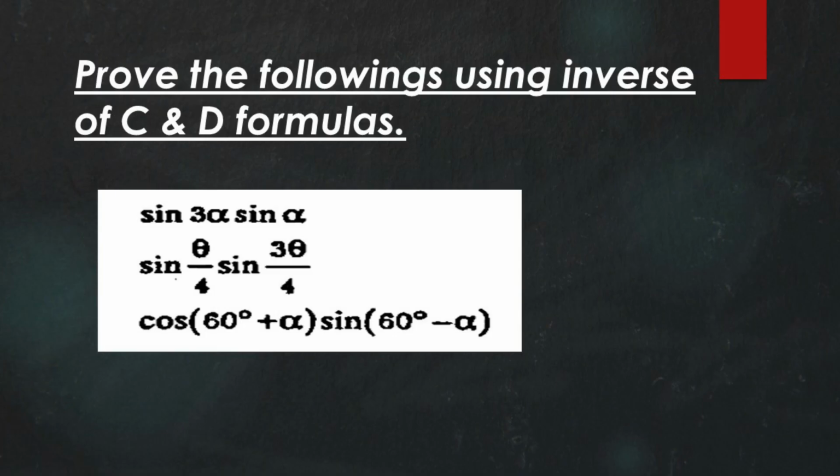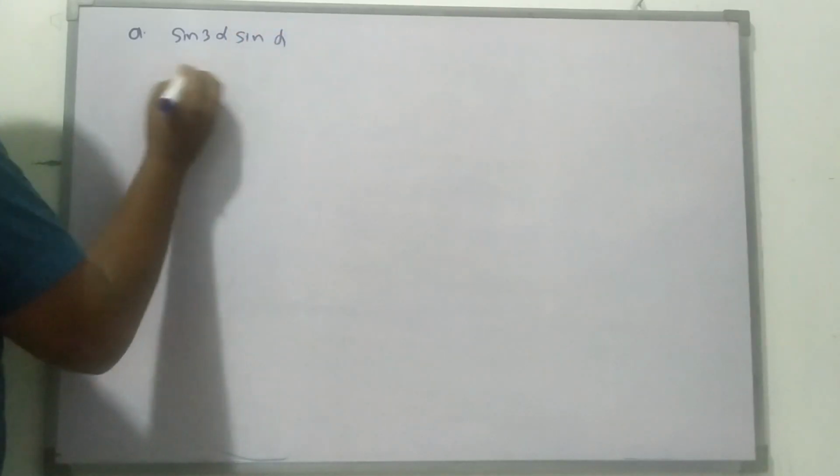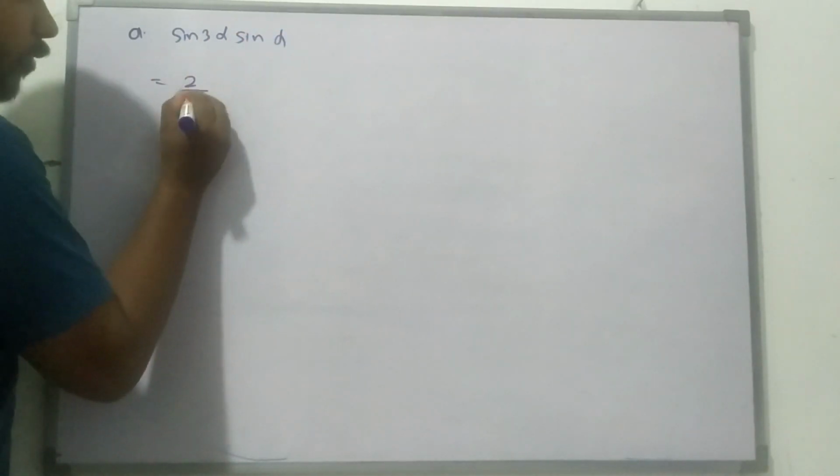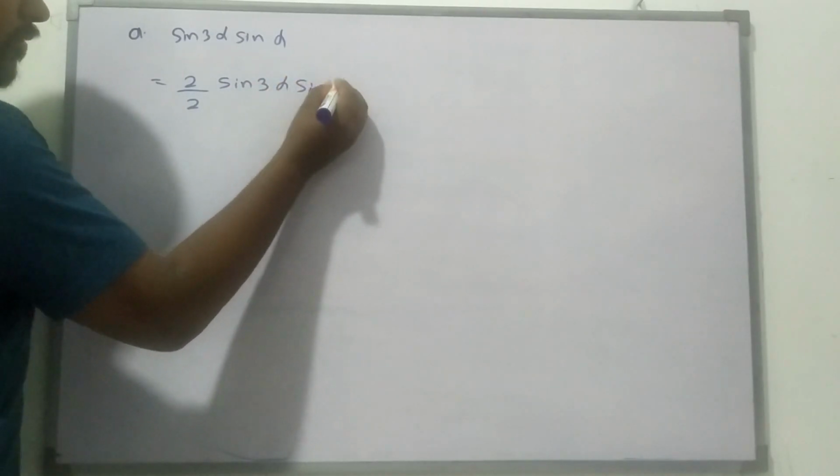Let's look at an example, right? Sin 3 alpha sin alpha. So here I'm going to multiply and divide by 2 on the top of sin alpha.